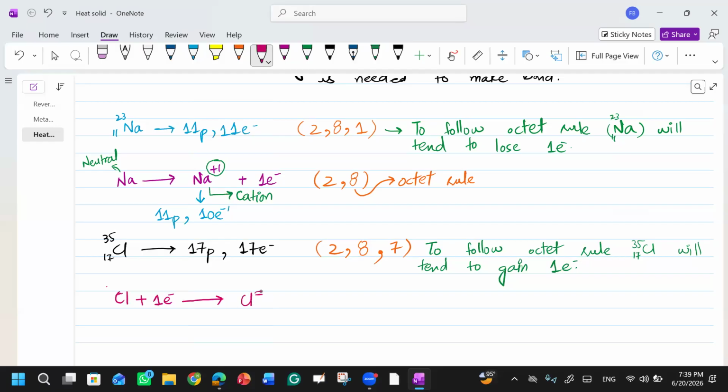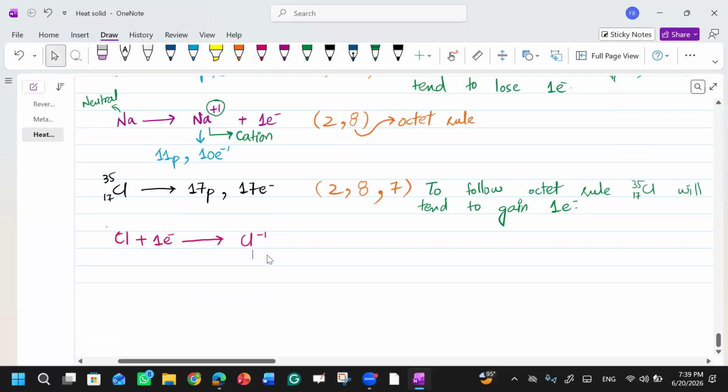My question is, why does it have a minus one charge on it? Because it gained an electron. So compare with the neutral atom. In the neutral atom there were 17 electrons.